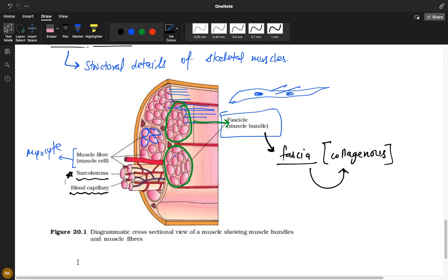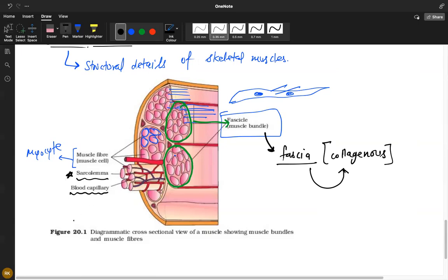Now the interesting thing is that this sarcolemma acts like a plasma membrane, because it lines each and every muscle fiber. And inside this covering there is a fluid, which is called sarcoplasm.